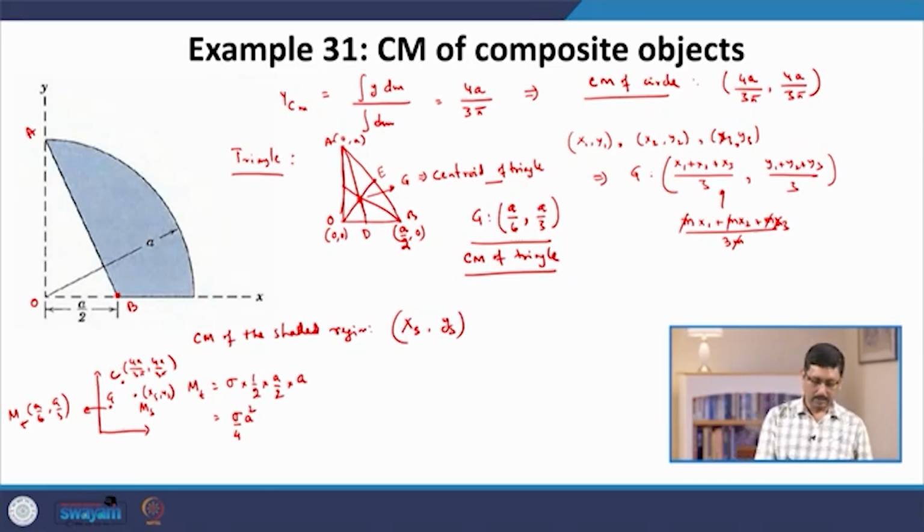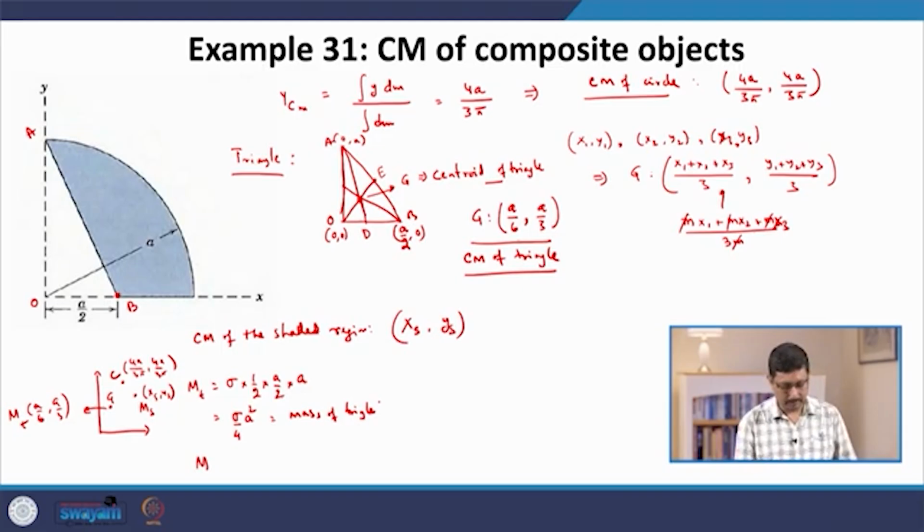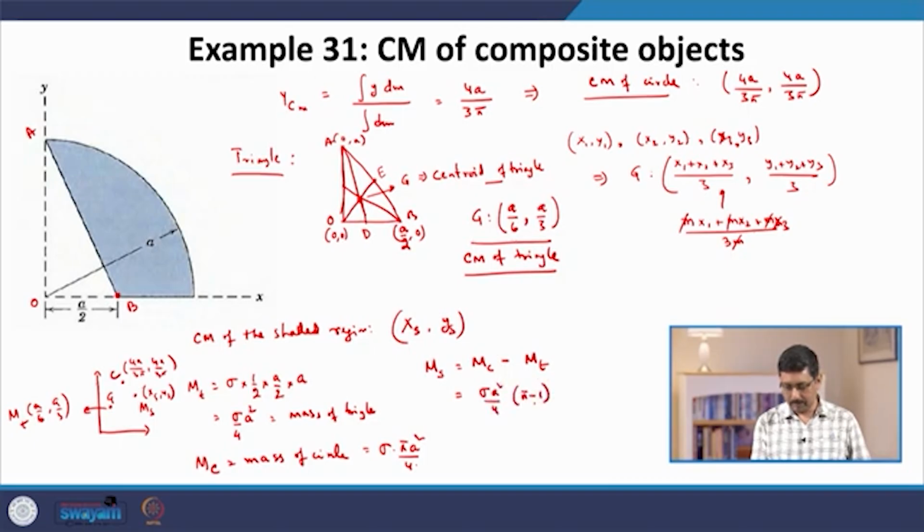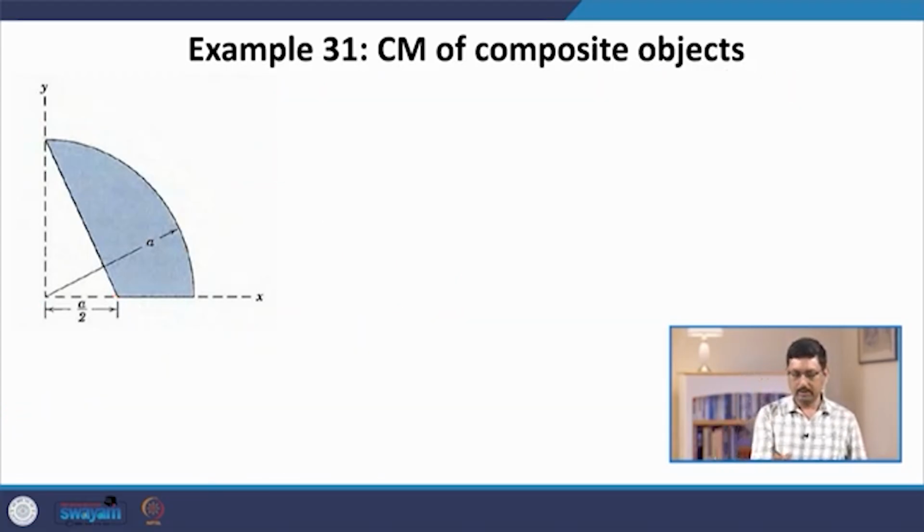This is the mass of the triangle if it were present, and the mass of the circle we just calculated is sigma times pi a square by 4. Then we can see that the mass of the shaded region must be the mass of the circle minus the mass of the triangle. So, this is going to be sigma a square by 4 times pi minus 1. Now we have to calculate the center of mass location.